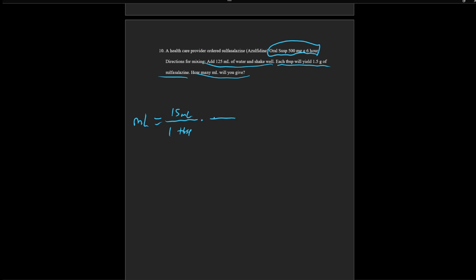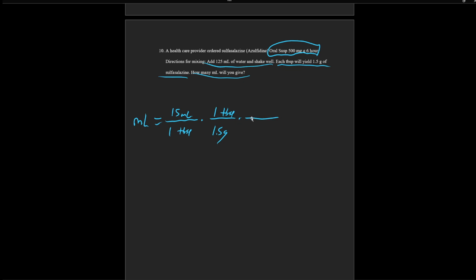Moving on. In tablespoons, we know that with 1 tablespoon, 1.5 grams of the medication, which is great. And then when we go to use our order, it's in milligrams, so we're going to have to convert again. So I'm just going to go ahead and do that here.